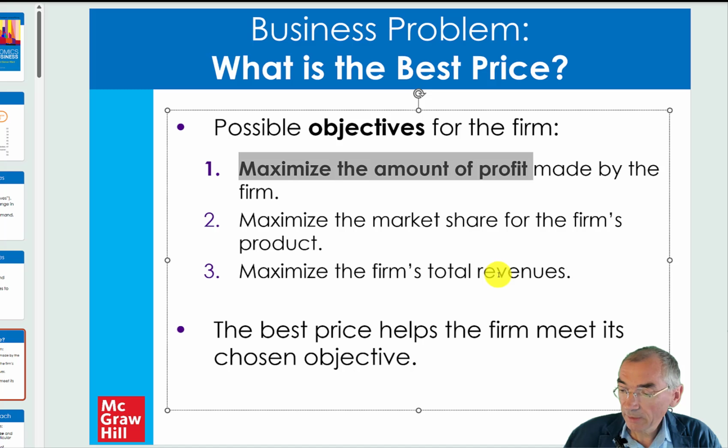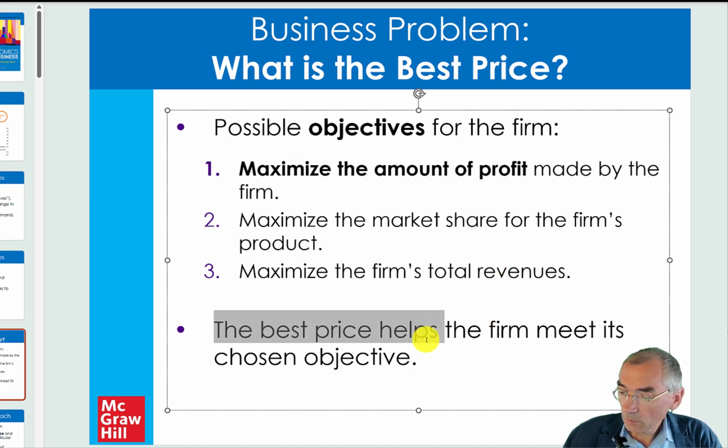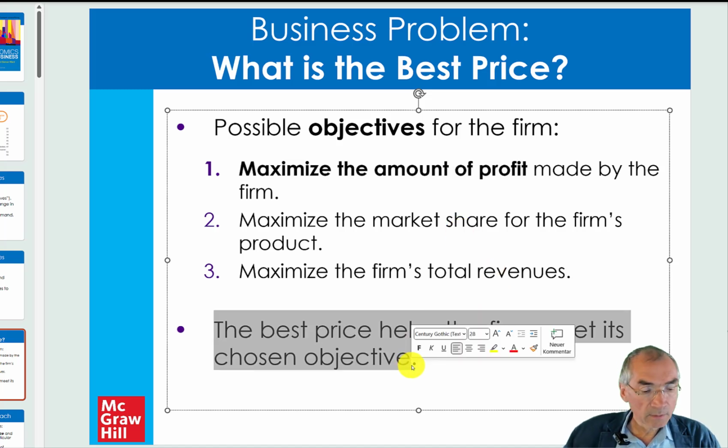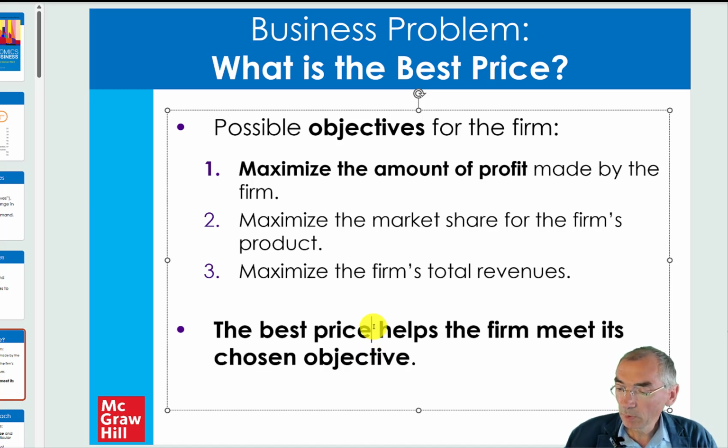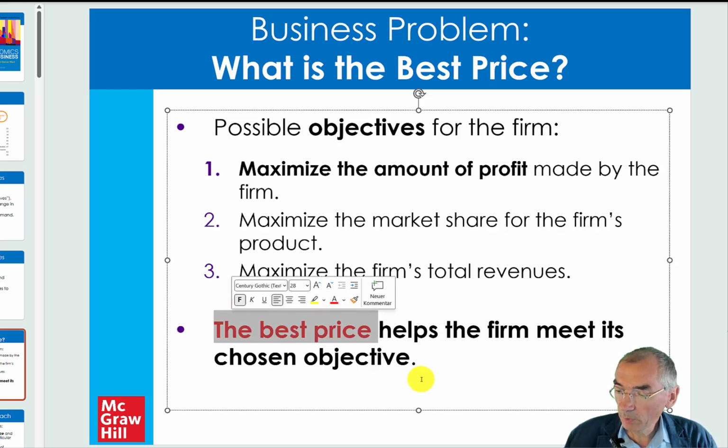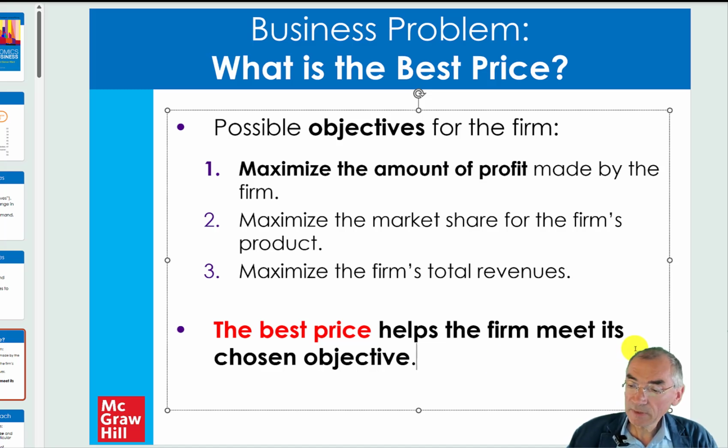There might be others like the revenue, the market shares, and so on. At the end, the best price, the price that brings people to buy exactly the amount of the specific good that people want to buy, this best price typically helps the firm to meet this chosen objective.